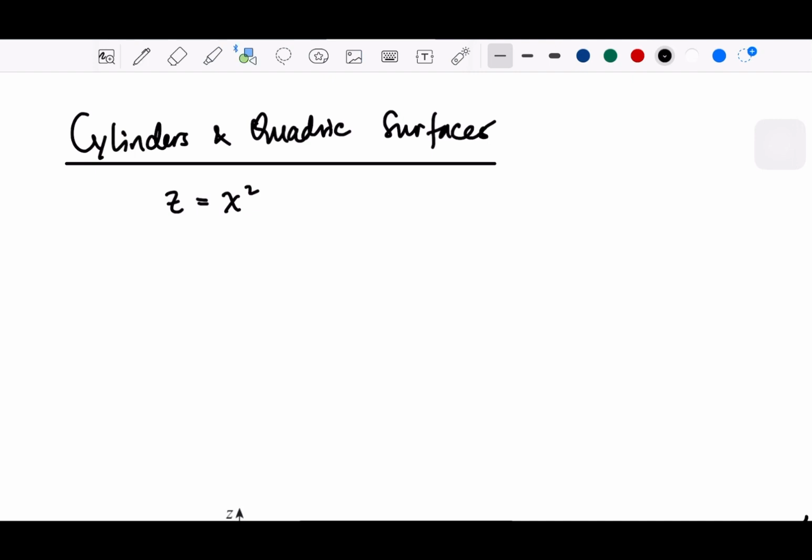Let's say this is z, this is x, this is y. If we think only in 2 dimensions, the z and x can be dealt with as usual. So z equals x squared means that this goes like that, right?